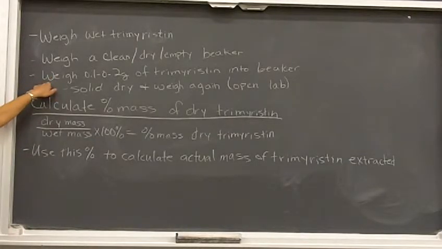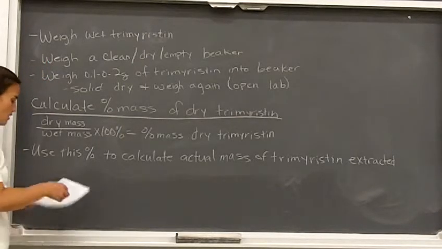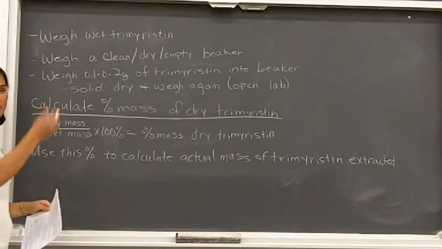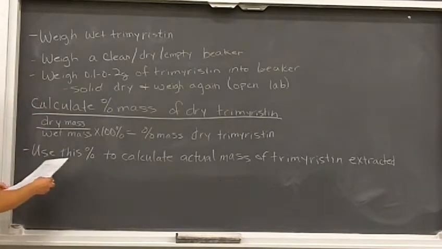Then when we did this, we went on to our next reaction. After we set aside our 0.1 to 0.2 grams, we went on with what we had left of our trimyristin into the next reaction. So our 1 gram or more, we went on to making the myristic acid. We also need to know how much we used for making the myristic acid.